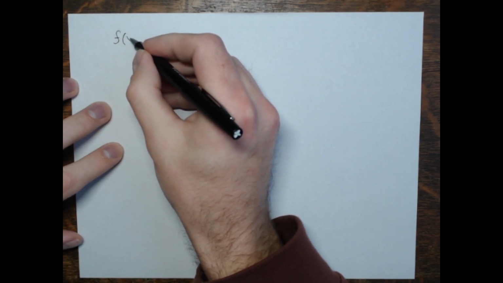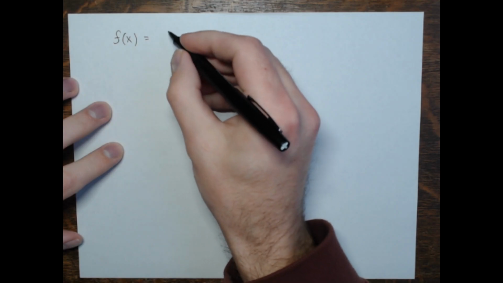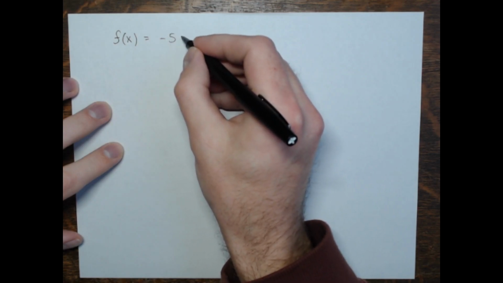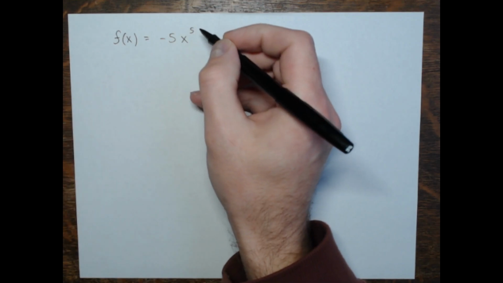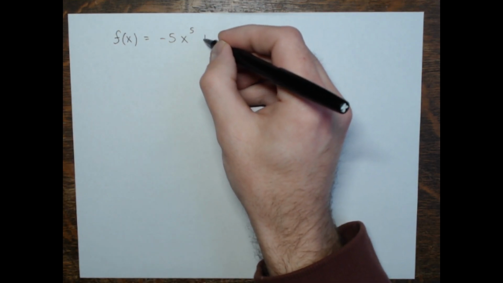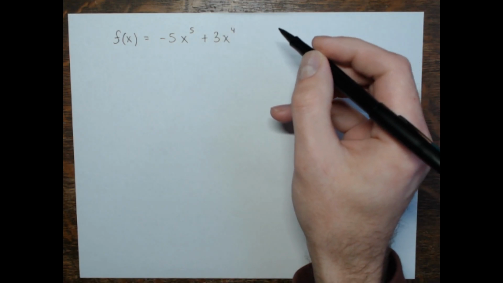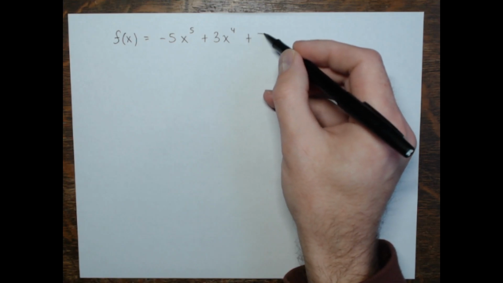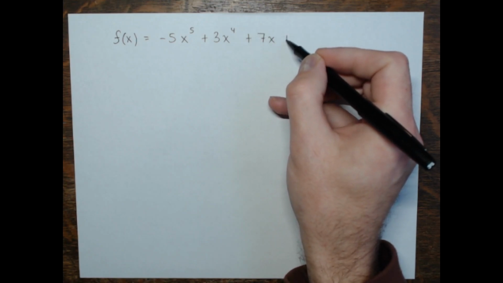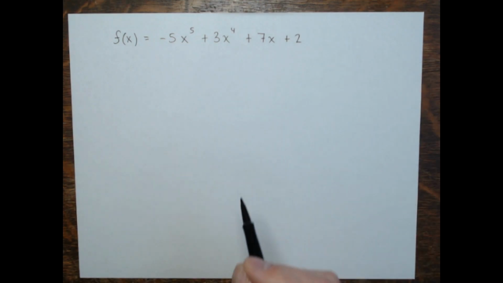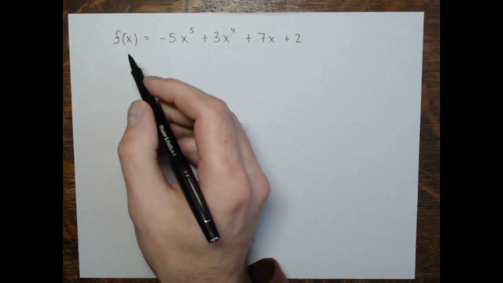All right, so here we're given f of x equals -5x to the 5th plus 3x to the 4th, then plus 7x plus 2. Again, since we're asked about points of inflection, that involves a change in concavity, we need to go to the second derivative, right?